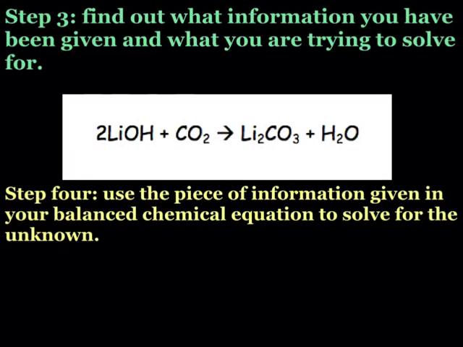For this particular question, and for all questions involving stoichiometry, I recommend using this method. In the question, it told us we were given 1.00 times 10 to the 3 grams of lithium hydroxide.